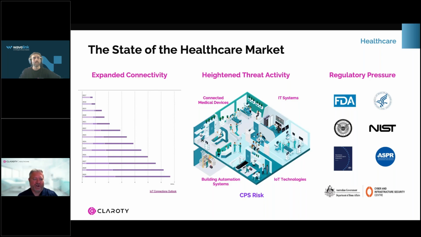Some of those IoT devices aren't necessarily made for clinical use, so they need extra controls to be put in place. And that's increasing the threat activity, not just around connected medical devices, but also the lateral movement from IT solutions and building automation systems that hospitals and clinical environments have, and those IoT technologies really create a situation where there's a raft of different attack surfaces that we need to look at. And again, that then creates regulatory pressure.